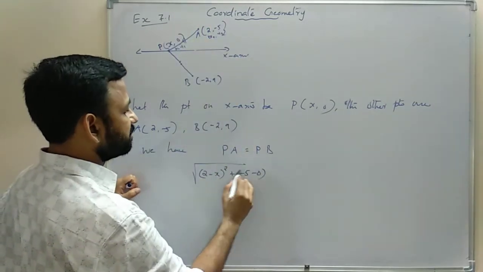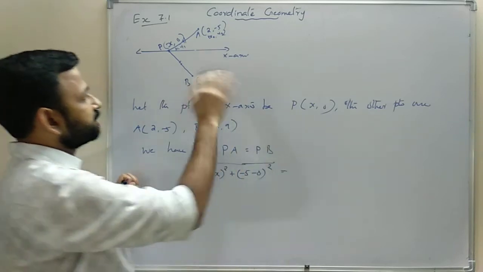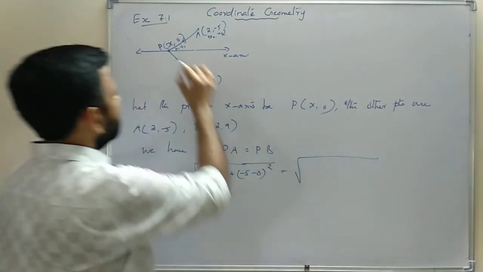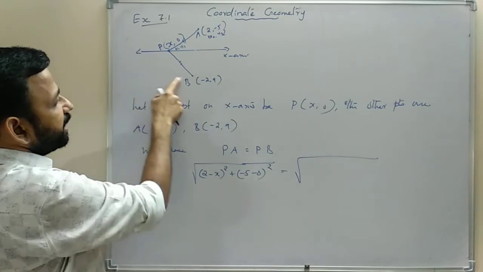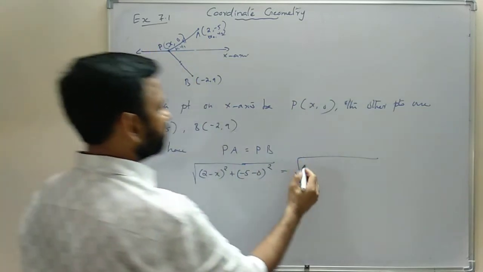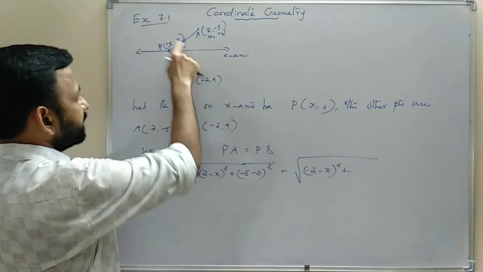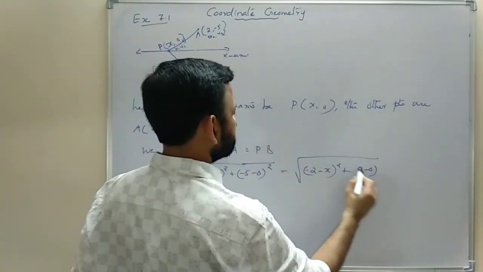That is PA, equal to the square root of PB, the distance between P and B, that is minus 2 minus x all square plus 9 minus 0 all square.